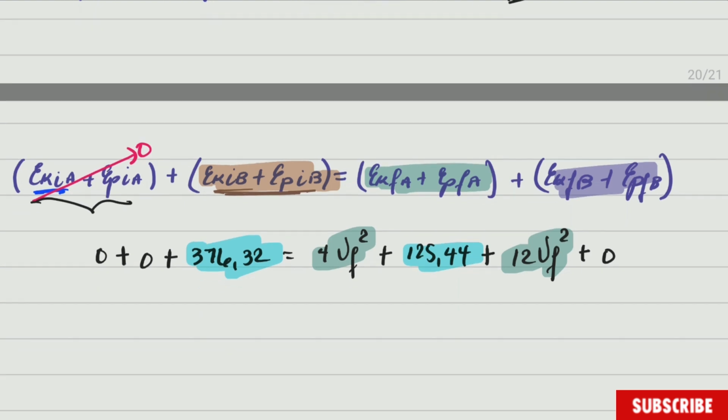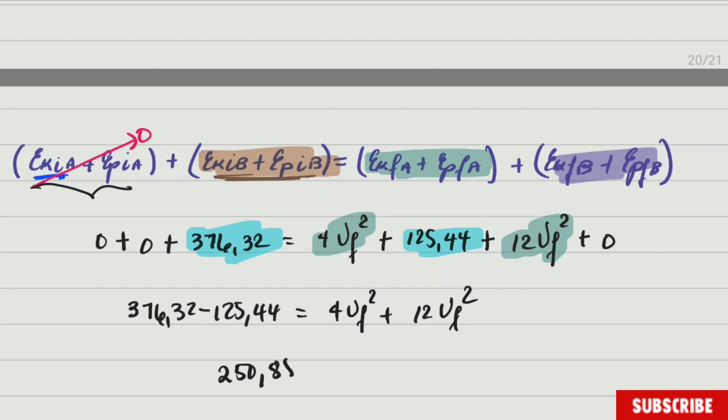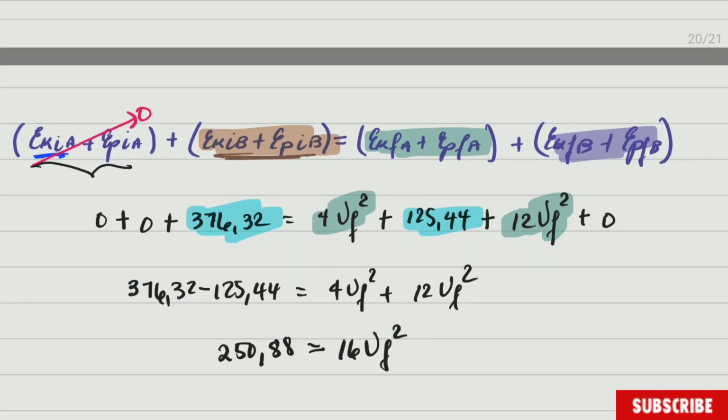It's quite simple now. 376,32 minus 125,44 is equal to 4 V final squared plus 12 V final squared. When you calculate, you will get 250,88 equal to 16 Vf squared, guys.